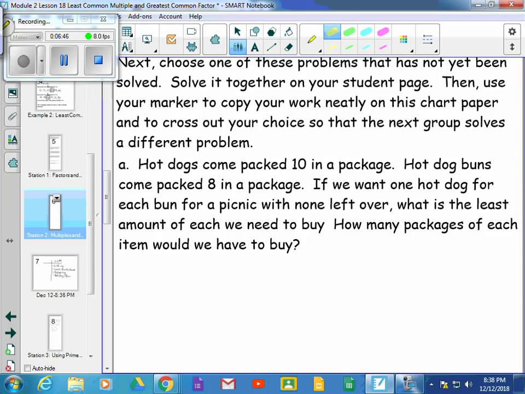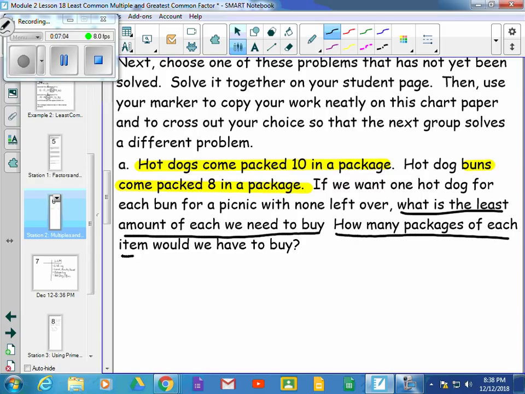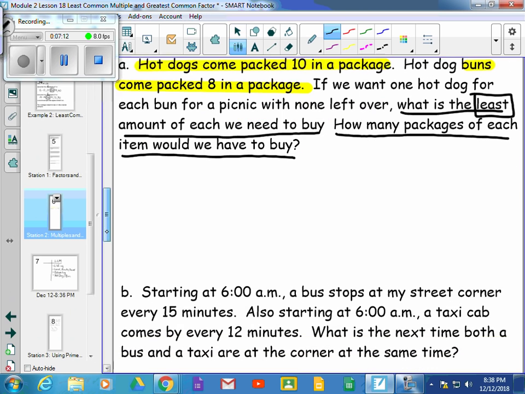So we know that hot dogs are 10 in a package and the buns are 8 in a package. You want to use one hot dog for every bun and nothing left over. I want to know what's the least amount of each we need to buy and how many packages of each item we have to buy. Notice least. Find the least common multiple.